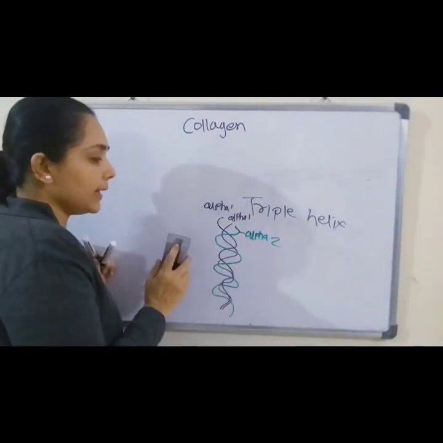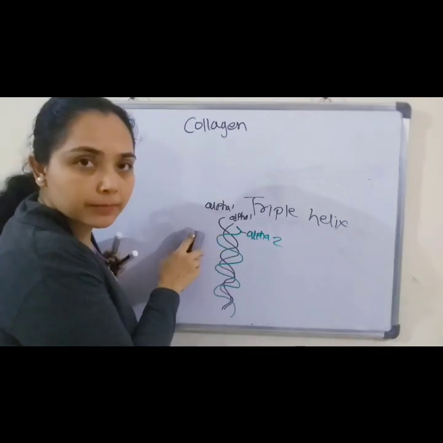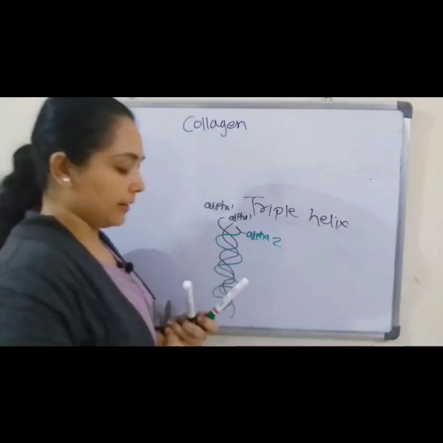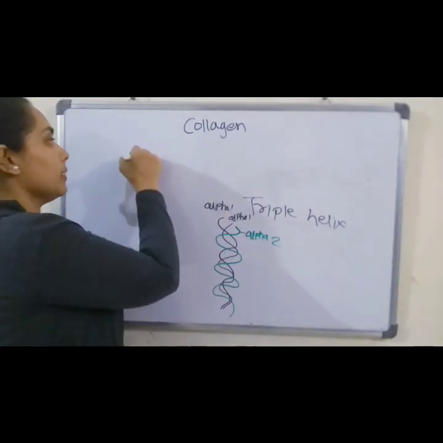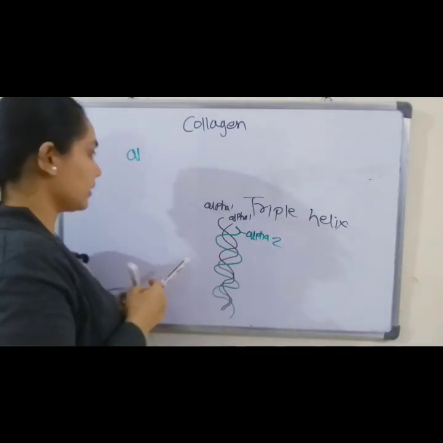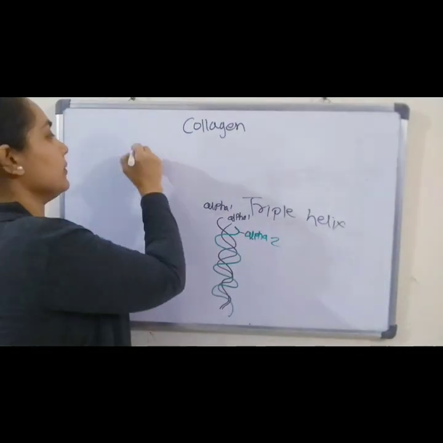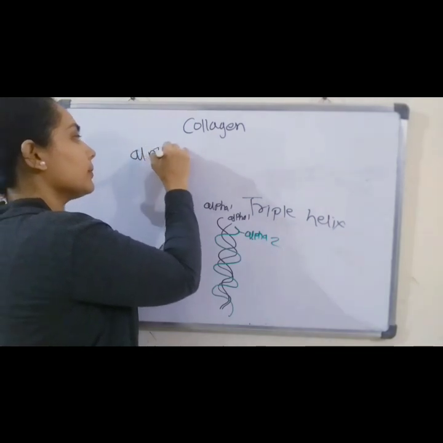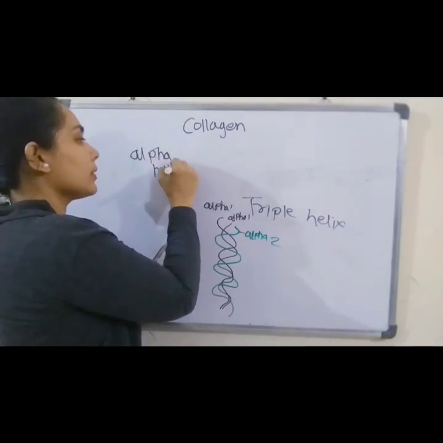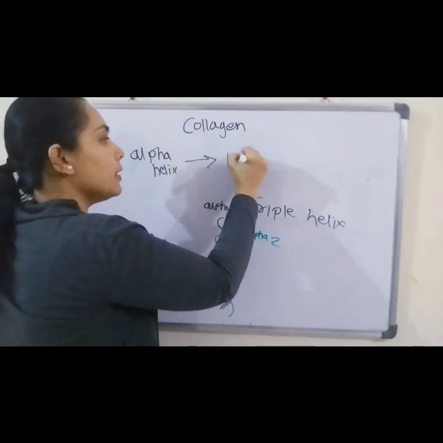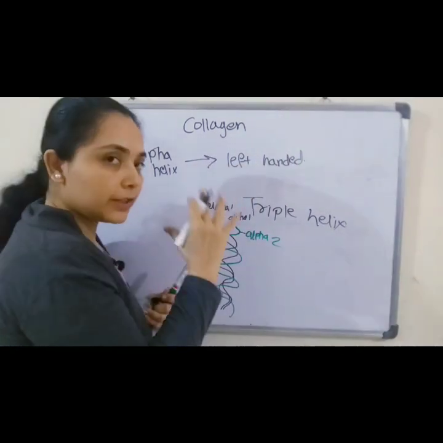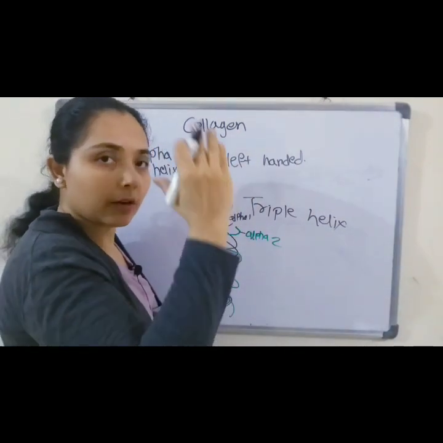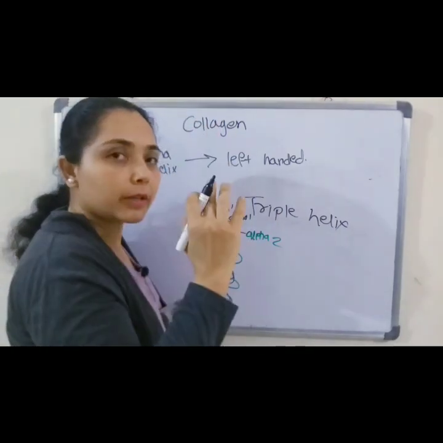These individual alpha helix chains are left-handed, but after they coil together, after the biosynthesis, finally we get the collagens.